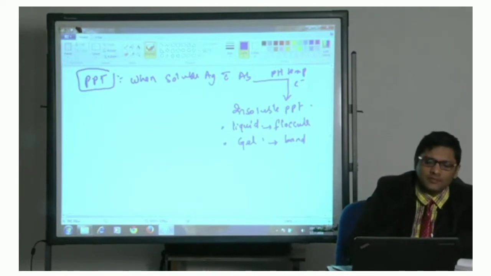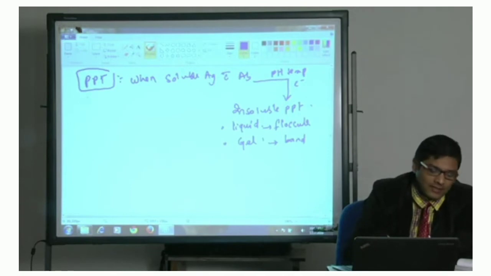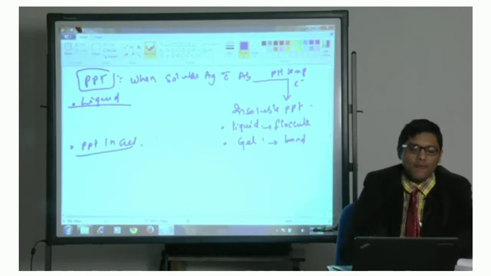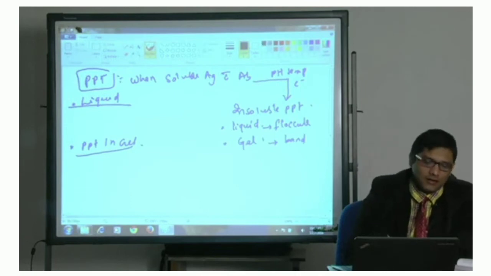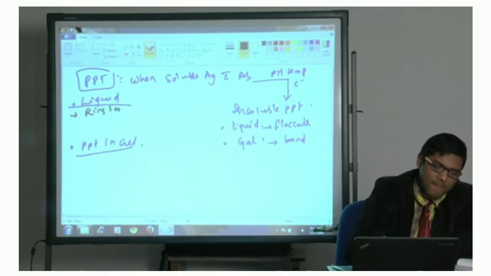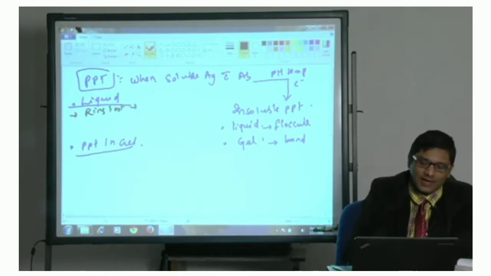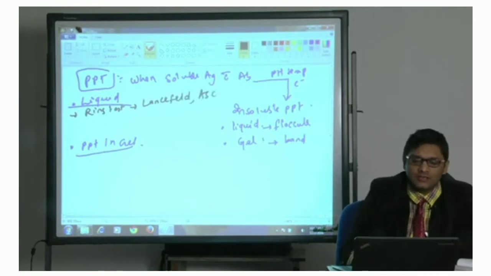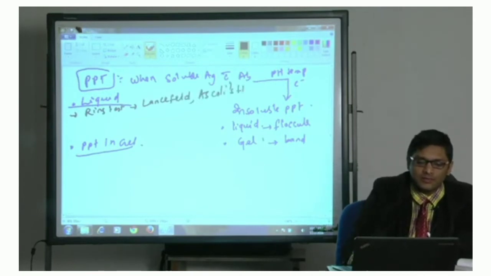Accordingly, precipitation reactions can be classified as reactions in liquid medium and reactions in gel-containing medium, that is, precipitation in gel. Liquid medium examples are the ring test, Lancefield grouping, and Ascoli's thermoprecipitation test.